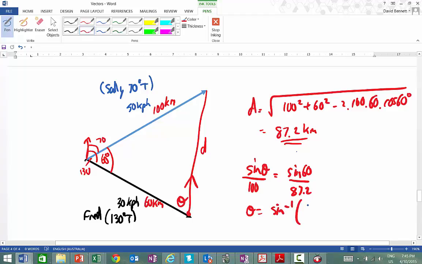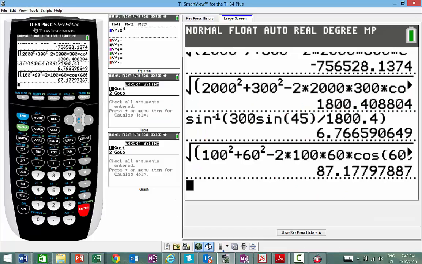This is about how quick you need to be able to do these questions, because they're just a repetitive sort of process.